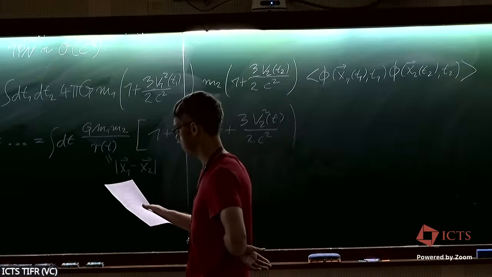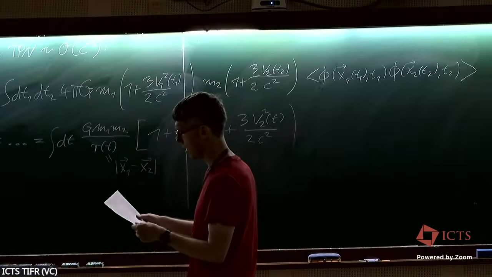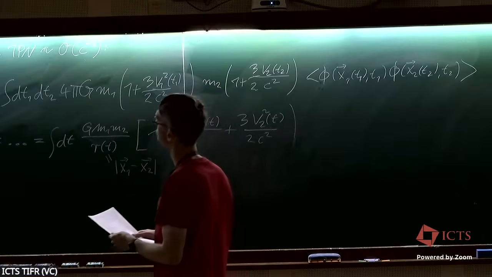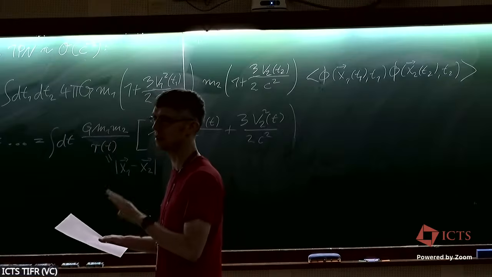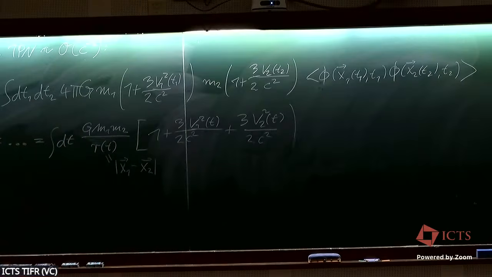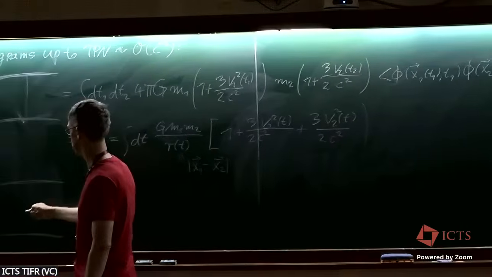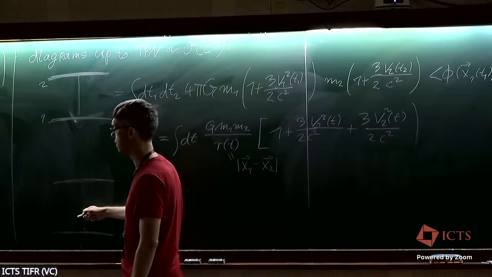Okay. Now, yeah, let me briefly go through some other examples. So it's a bit easier to do the exercise in the tutorial session. Now, the other diagram might be this one, where, well, it's the same topology, but as a propagator we plug in the gravitomagnetic field.